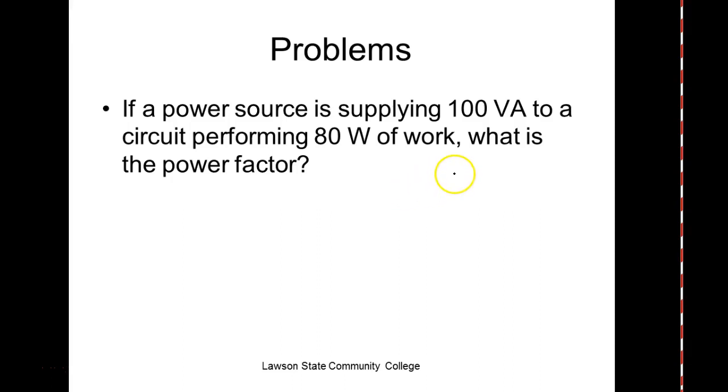The power factor is true power, which is 80, divided by 100. So our power factor would be equal to 0.8. But just about everybody doesn't use the fraction. They would say 80%. Usually they give power factors in percentage. And luckily, you don't have to worry about it unless you get into wiring AC circuits.